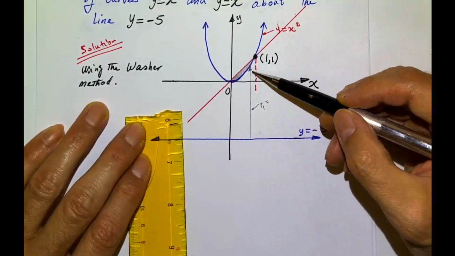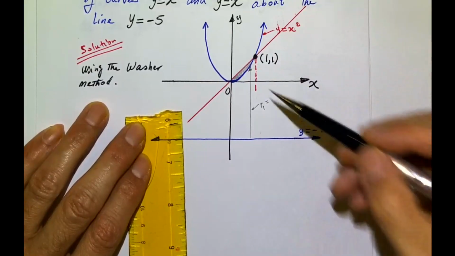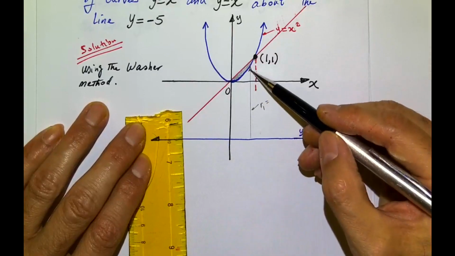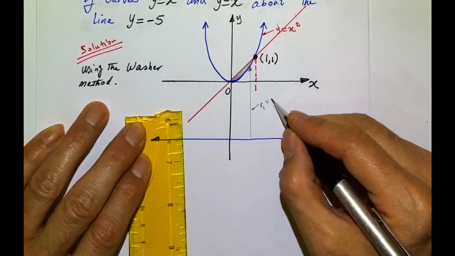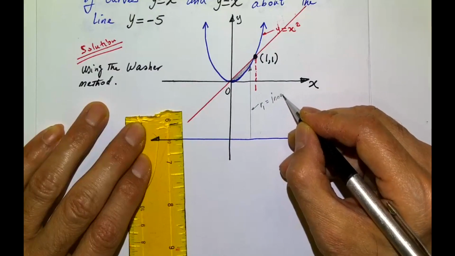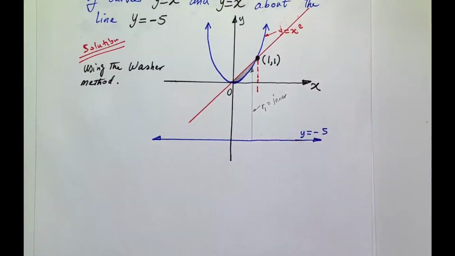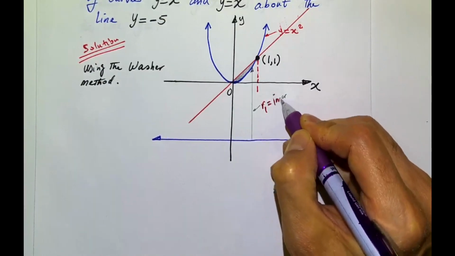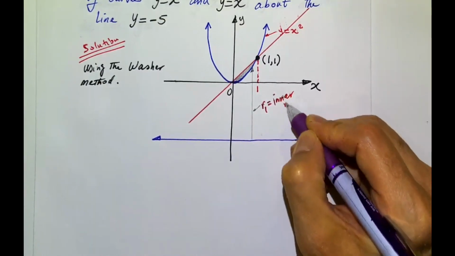Would this be inner or outer radius if you're rotating about this line? It would be the inner radius, right? Oh, I didn't mean to write that with my pencil, so I'm just going to use my red ink. So R1 is the inner radius.